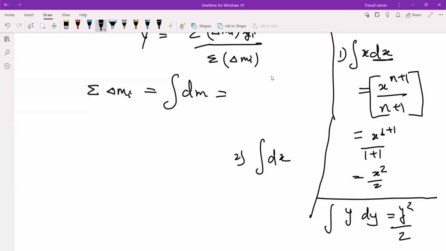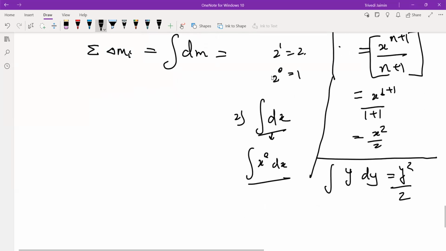Since beside dx there is nothing, the power of x is 1 here, and anything to the power 1 is itself. Now anything to the power 0 is 1. So this means integration of x to the power 0 dx. Are these two the same? Yes, sir. Okay, so integrate this one.